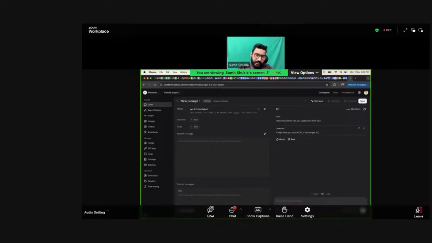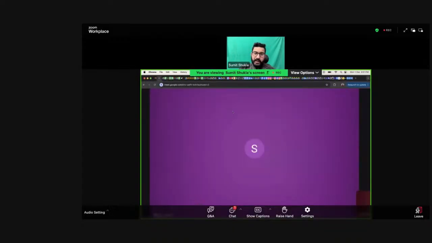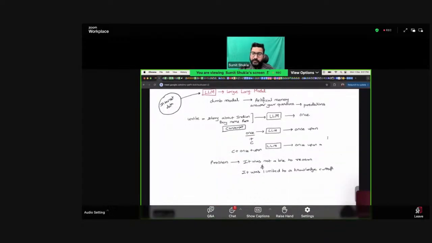You can see it is answering once. After you subtract, it is no longer 100. Can you see it is able to answer this question correctly? So this one is the latest model, GPT-5, and this one is the oldest model, GPT-3.5. So I hope now you guys are able to understand what I mean by being a dumb model, right?